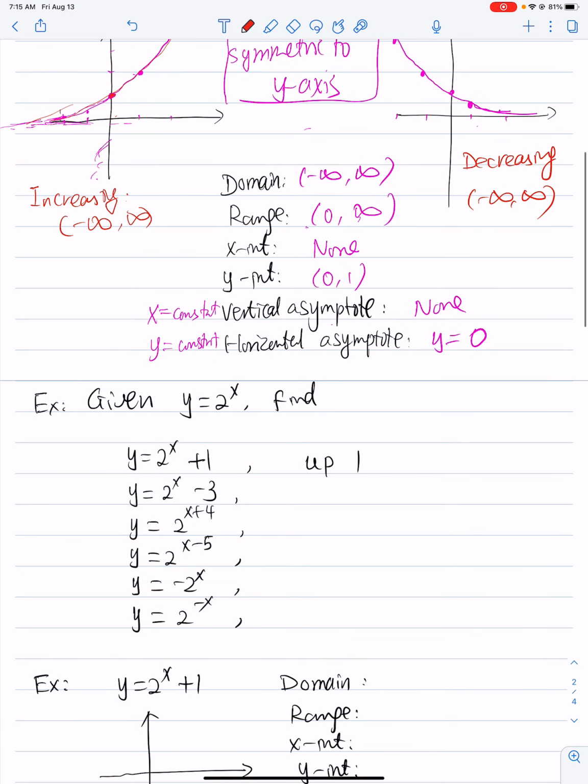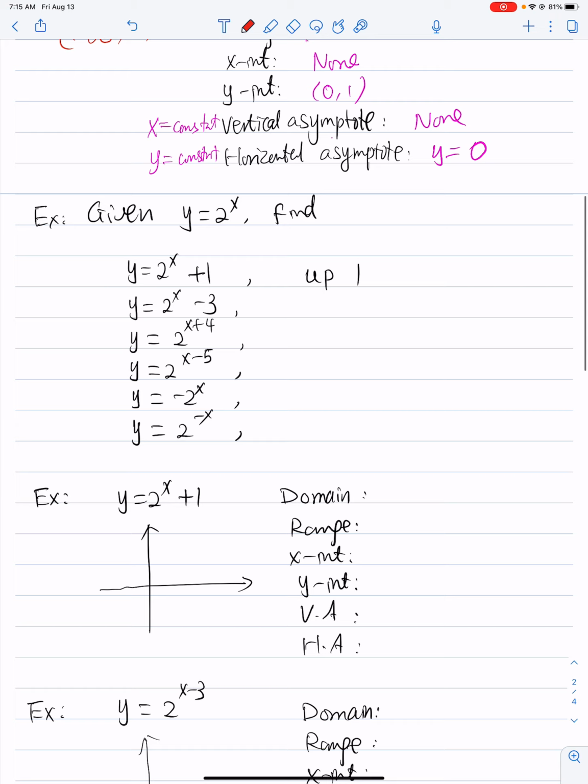Okay, so then we want to review the transformation of functions. Do you remember? Plus 1 means go up 1. Minus 3 means down 3. Plus 4 with x only means left 4. Minus 5 means right 5.